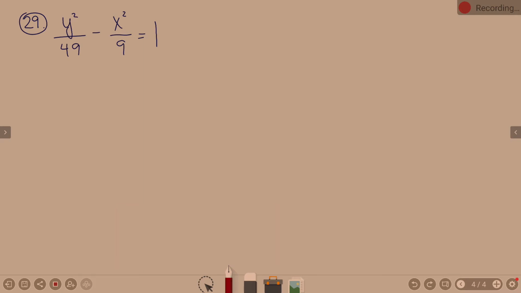As you try to think about which form this is in, the y squared over a squared minus x squared over b squared form, is this first column or second column? Because y squared is first, this is a second column hyperbola, right?